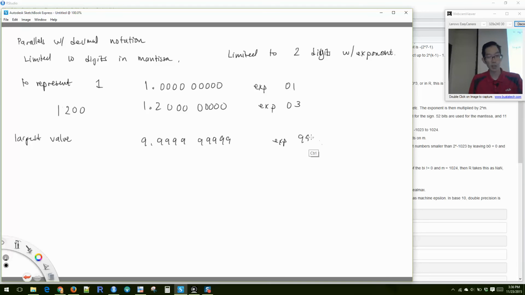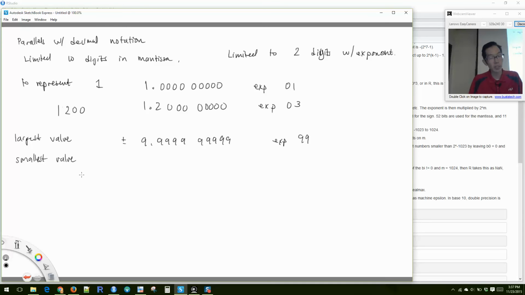This would be the largest value that we can do, and we can make this plus or negative. Now, what is the smallest value that we can have? We have a few ways to represent the smallest value.